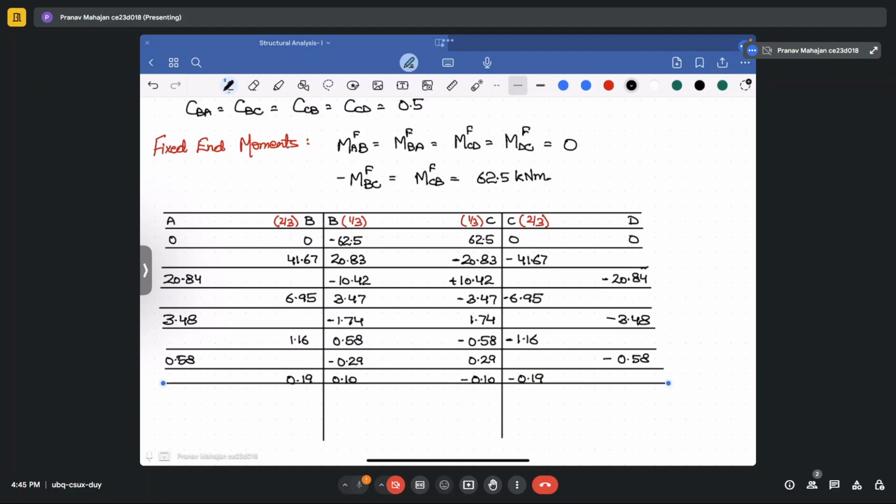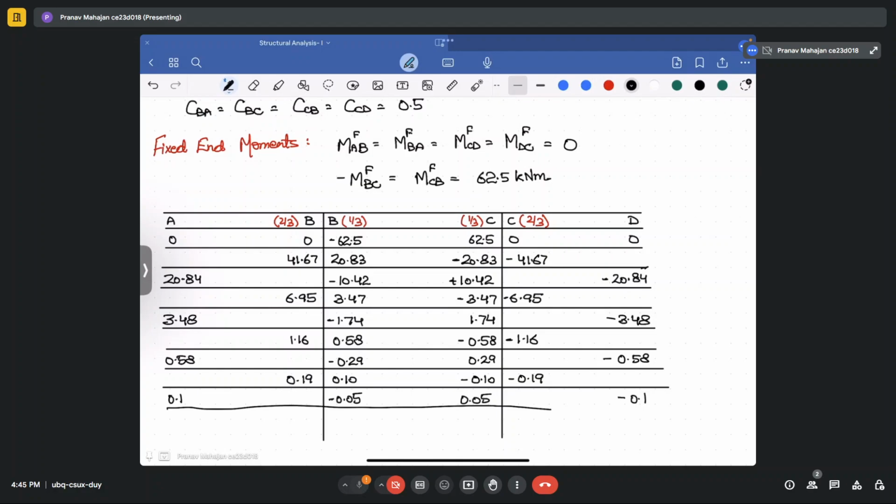Distribute among the distribution factors available to you, and then carry over to the other ends. It will come out to be 0.1, minus 0.05. Here it will be 0.05. Here it will be minus 0.1. And again we will distribute this unbalanced moment. It will come out to be 0.03, 0.02, minus 0.02, and minus 0.03.